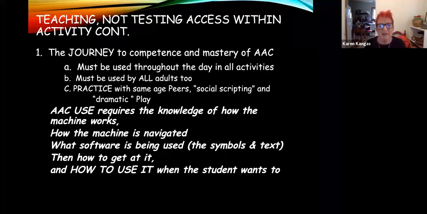So AAC, and I want you to understand that an AAC device, which by the way is also a computer for writing, is an augmentative device that requires the knowledge of how the machine works and how the machine is navigated, and then what software is being used inside that, and then how to get at it, and then how to use it anytime that I want to.